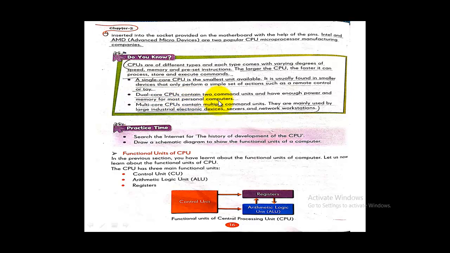Now we are using this personal computer, that is PC, which is almost always a dual core CPU containing two command units, with enough power and memory for most personal computers. So when you use a PC, a personal computer, this is a dual core CPU. Now multi-core CPUs contain multiple command units.